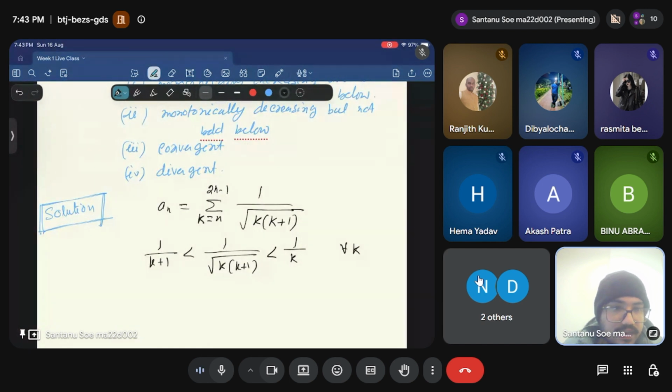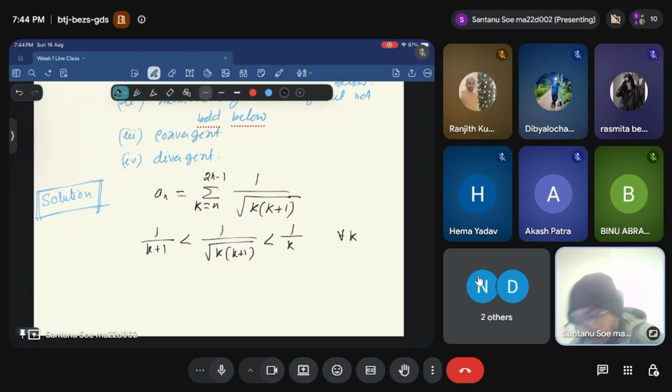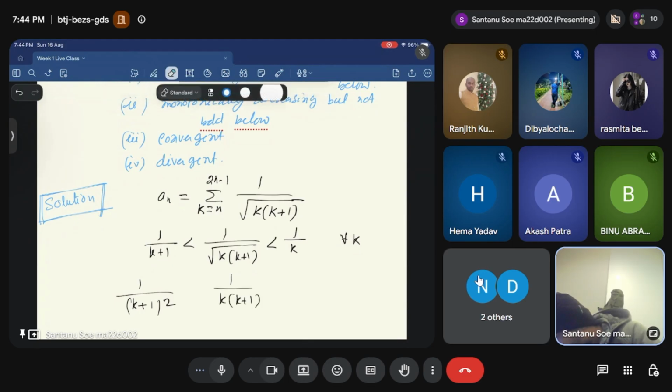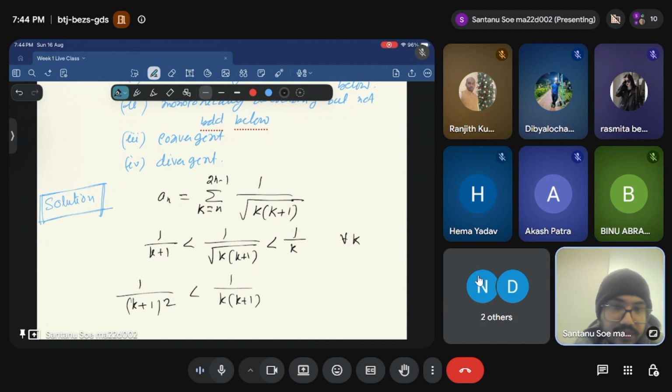Why this happens: at a fast glance it may not look like it follows this inequality, but it's easier to see if I show one side, then the other side is easier, right? So notice that 1 divided by (k plus 1) square is less than or equal to 1 divided by k into (k plus 1).